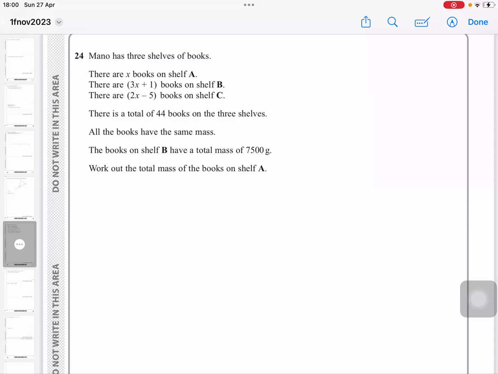Meanwhile, we were told that each of those books has the same mass, and the total mass for the books on shelf B is 7,500. So to find the mass of one book, I'm going to divide 7,500 by 25. Now, remember we're not using a calculator, so let's see how we can do this without one.